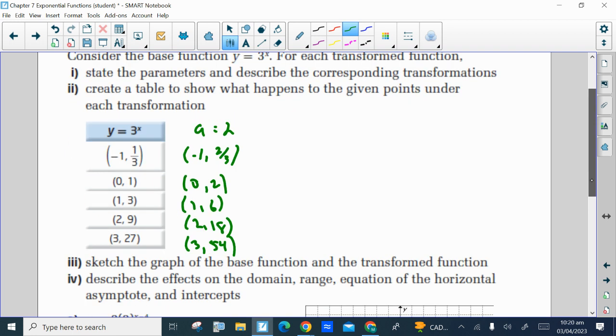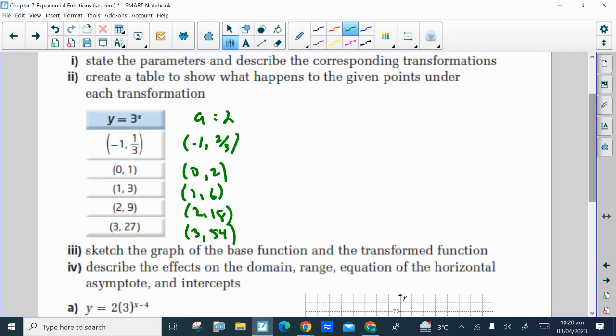And then we have our h value of positive 4. That shifts the graph 4 units to the right. So now we will add 4 to all the x values. In this step, the y values will not change.